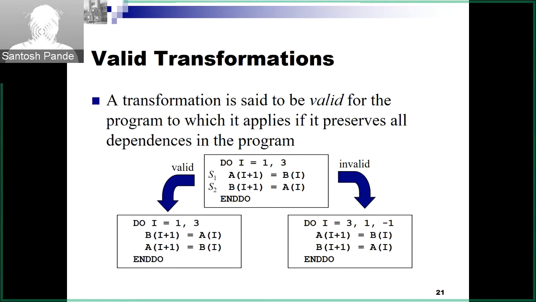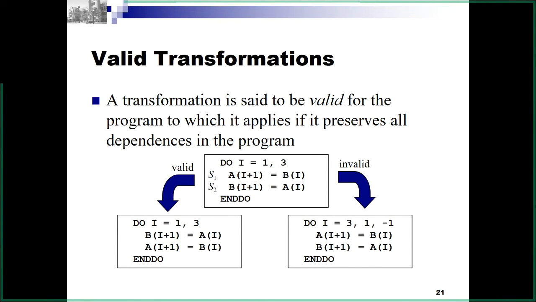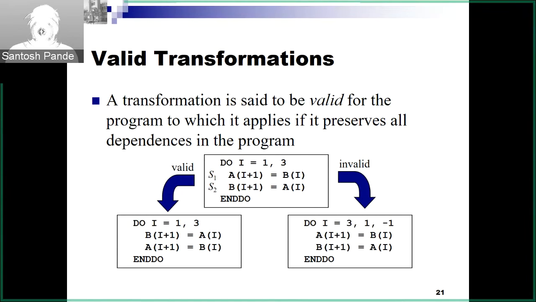So as long as we do not mess around with the relative orders of these dependencies, we are free to change the statements within an iteration. So whether we do S1 first or whether we do S2 first, that really doesn't matter because they're not loop independent dependences.